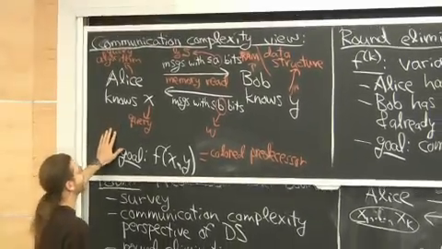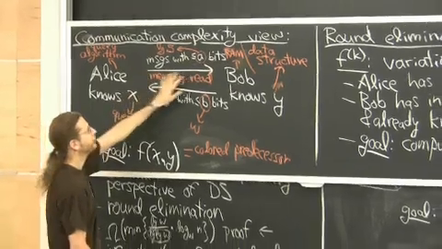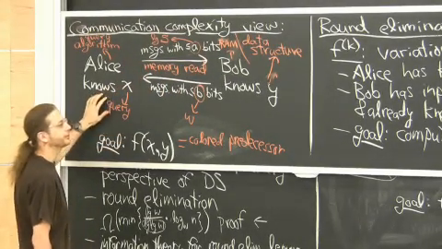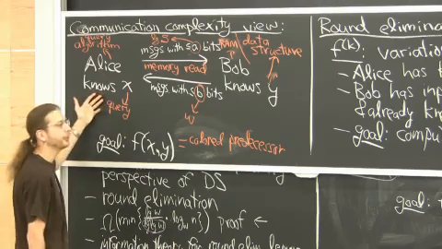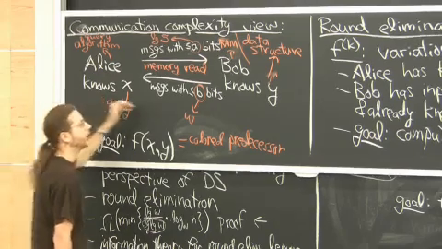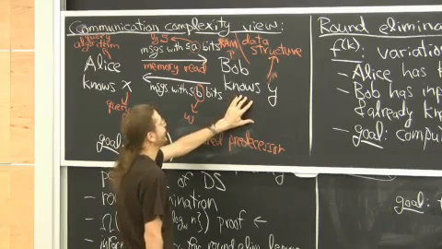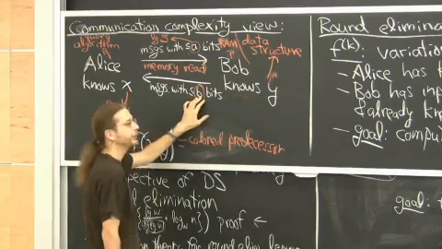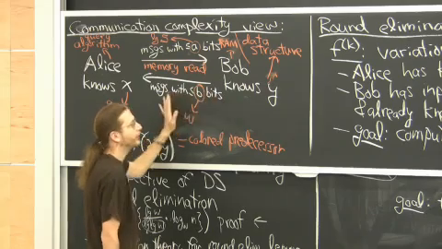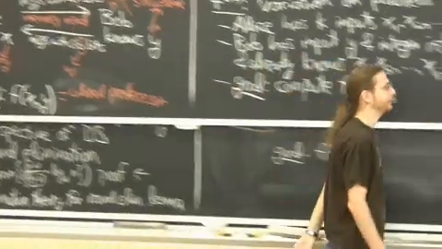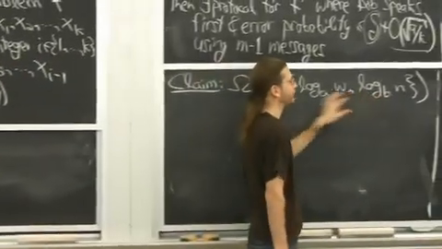Alice has a bits to communicate to Bob, and the input is of size w, right? That's the query. Bob, on the other hand, knows all the data, so in some sense he represents the n side. He's able to communicate with b bits of information. So log base b of n is somehow enough to communicate n. It's not a great intuition, but at least it's nice and symmetric.